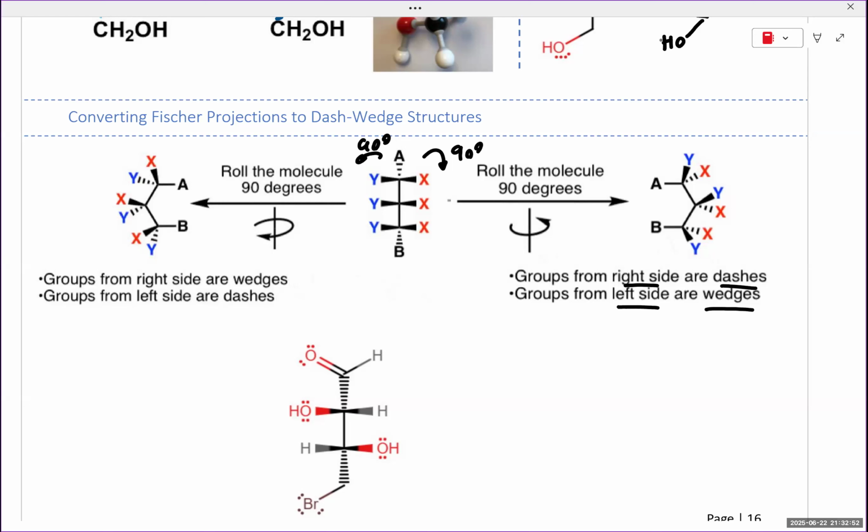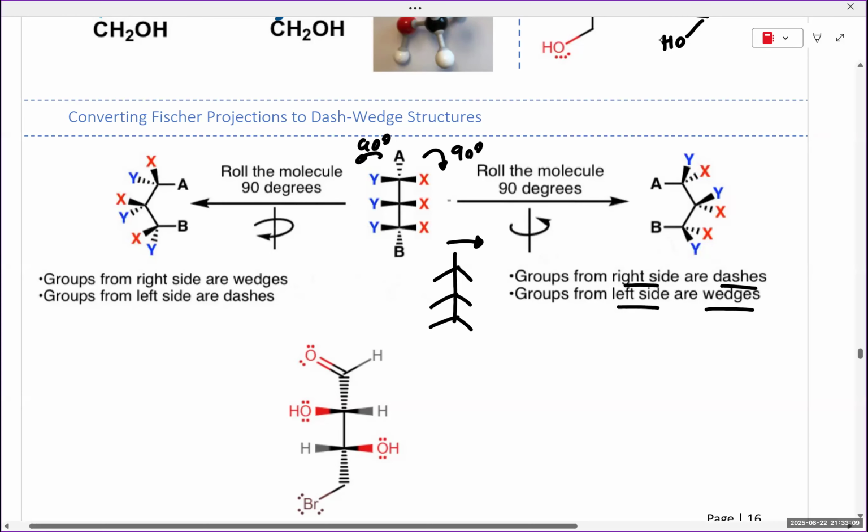So what you've done in this case is if your molecule is sitting vertically like so, what you've done essentially is you've toppled it and pushed it to the right. So you've toppled it over, rolled it to the right.